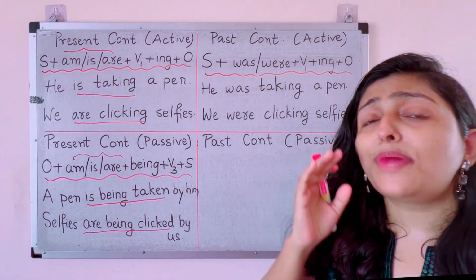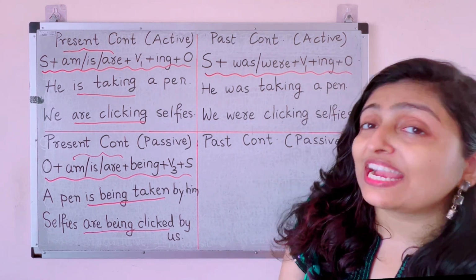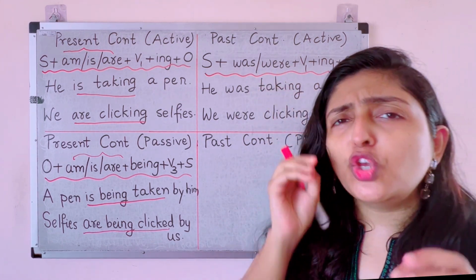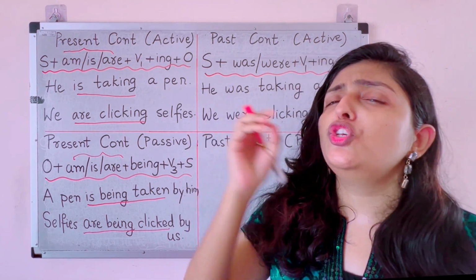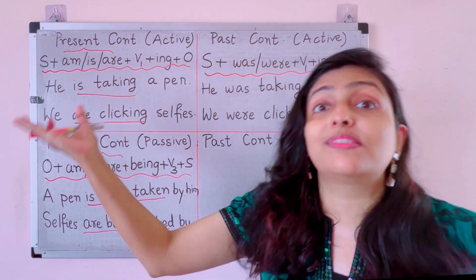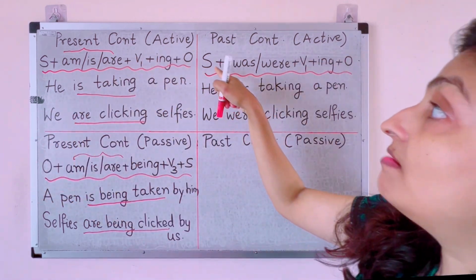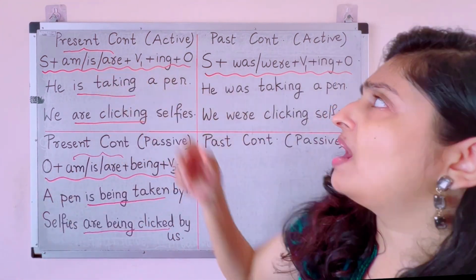Next is past continuous or progressive tense in active voice. You can formulate your own rule looking at the present continuous tense. Subject plus, what is the past tense of am or is?